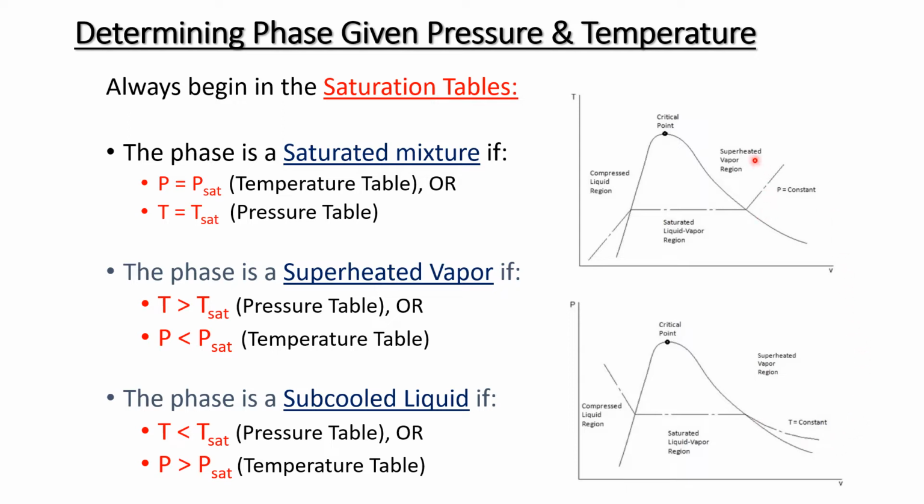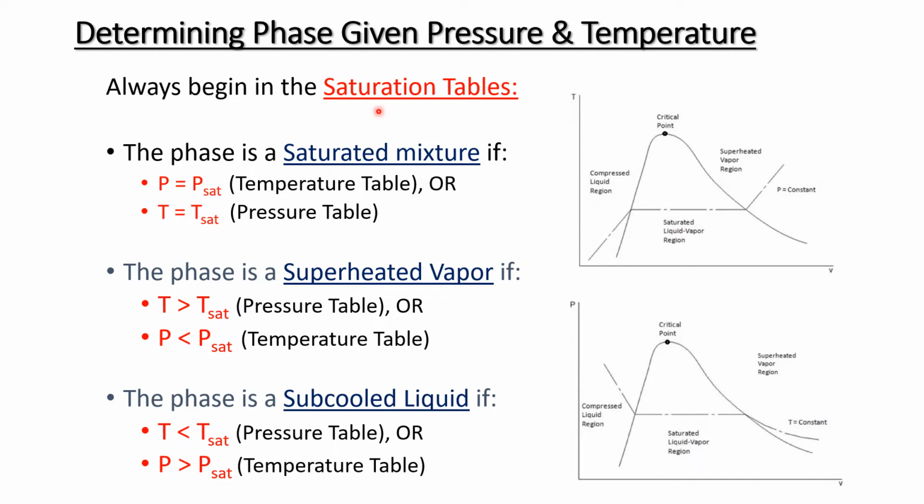Okay, so we basically at this point know that given a state at some pressure and temperature, we want to know whether it's a subcooled liquid, a saturated mixture, or a superheated vapor. And we can do this simply by looking in the saturation tables. So for every substance, and we'll use water in this example, there are two saturation tables.